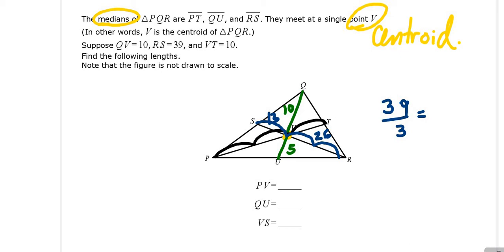And then VT is 10, which makes this length right here 20. Once you establish your relationship all around, then it's super easy to find these. It says P to V, we already found it, is 20. Q to U is going to be the entire segment, which is 15. And then V to S, we already found that, that is 13.